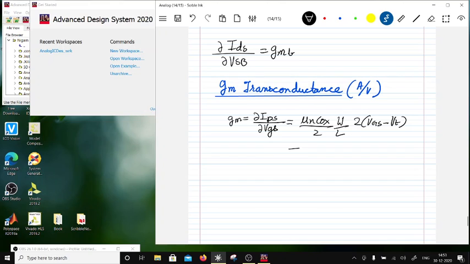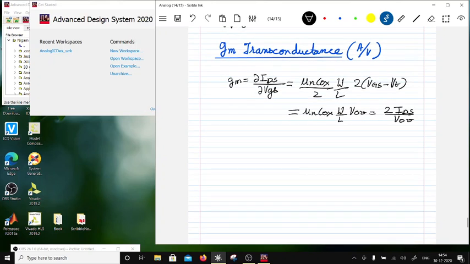So this would become equal to mu n COX W by L V overdrive, which is the same as twice of IDS over V overdrive. So we are done with the GM, or transconductance. Next is transconductance due to body effect, GMB.